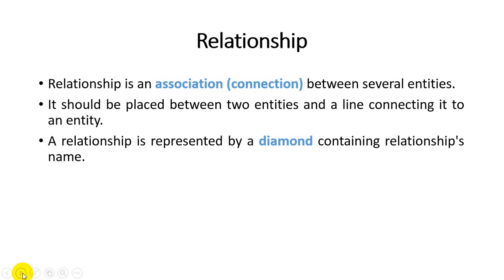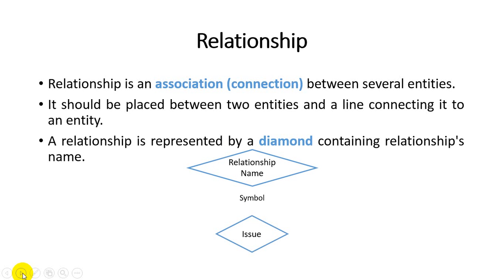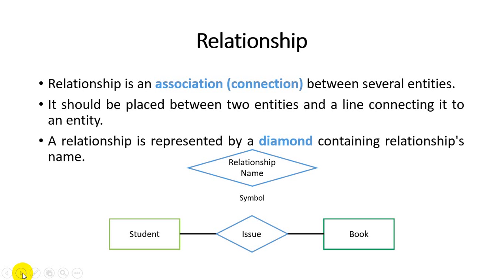Whenever we need a representation between two entities, we need a relationship, and with the diamond symbol we can represent it. For example, a student issues a book. Issue is the relationship between student and book, and it is represented with the diamond symbol.